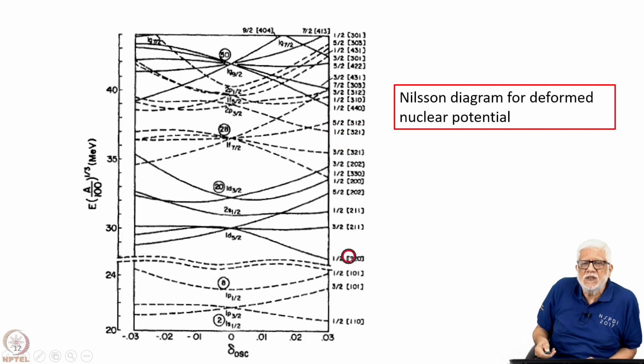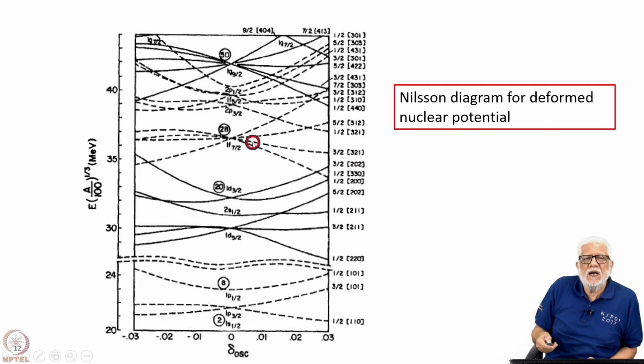This omega value is also sometimes called the k value. For instance, take this f7/2: the 1/2 is lowest for the prolate shape, then this is 3/2 and this is 5/2.